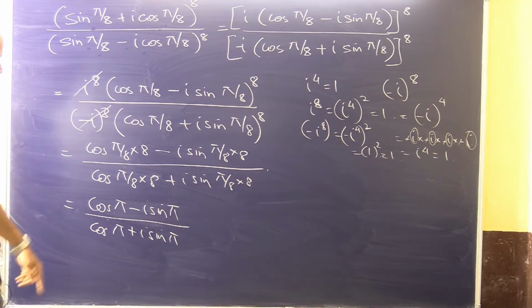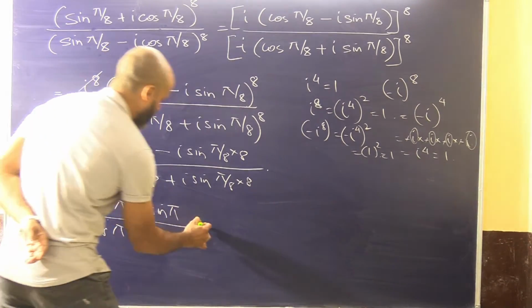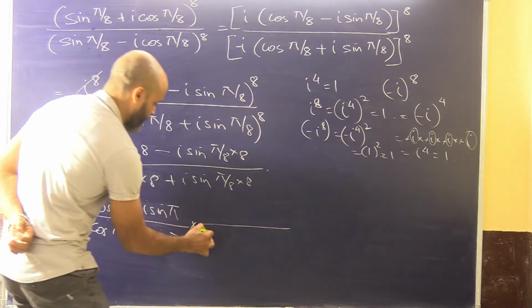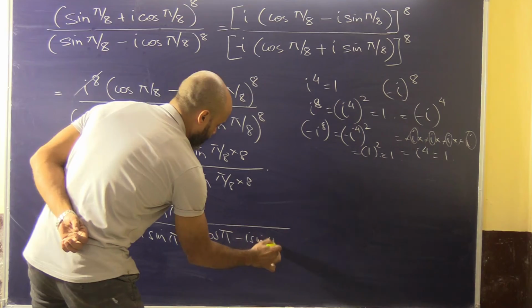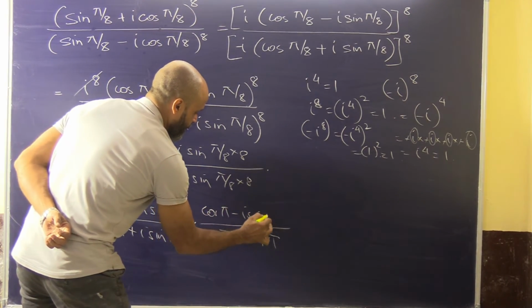If we have to simplify this, it will be multiplied by its conjugate pair. Let's say the conjugate pair here is cos pi minus i sin pi, on both numerator and denominator.